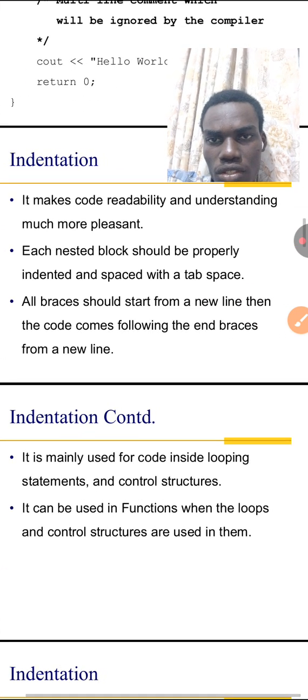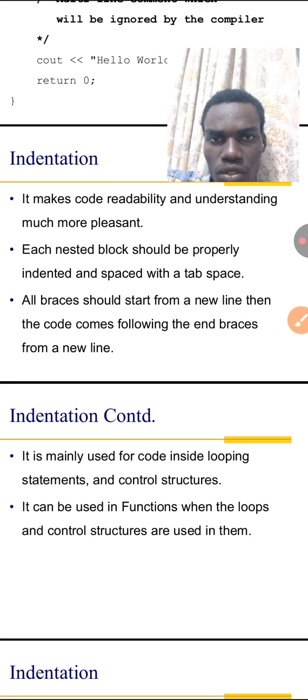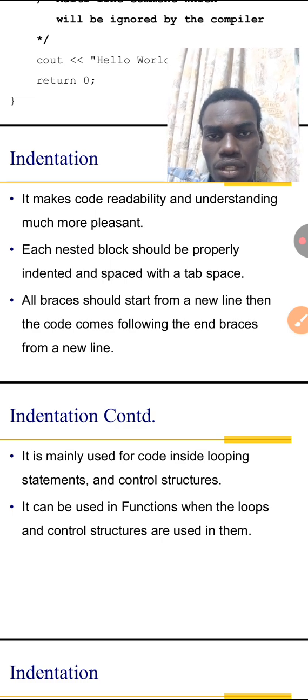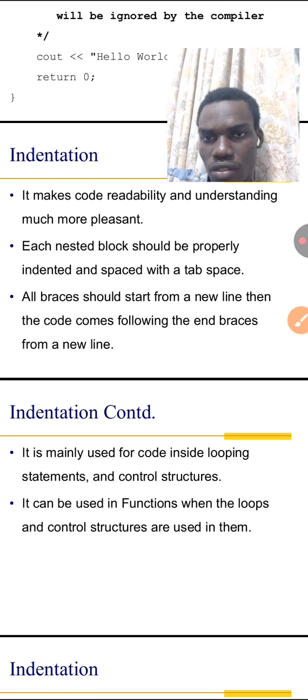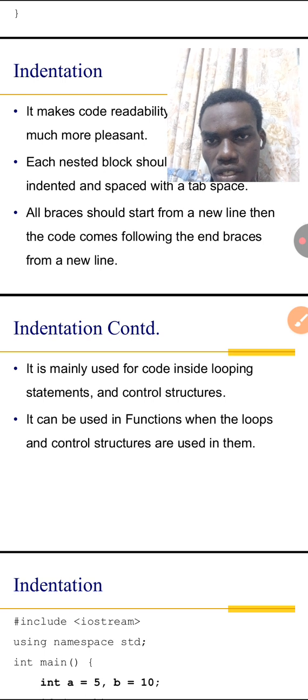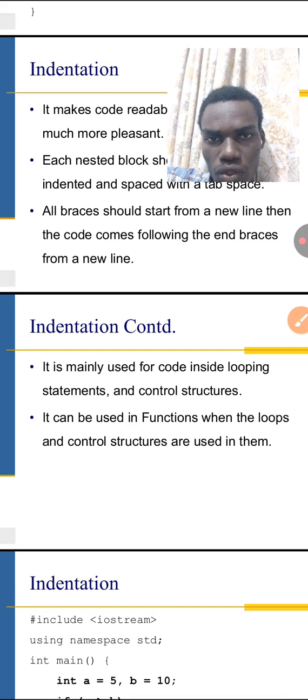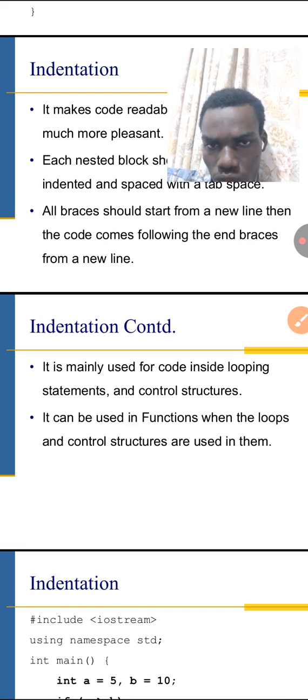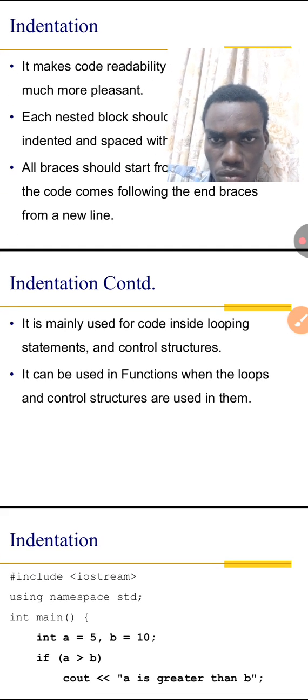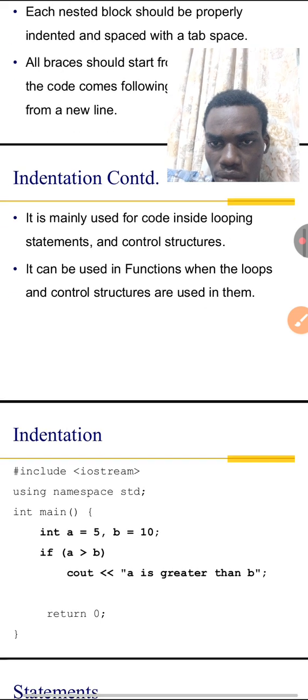All braces should start from a new line, then the code comes, followed by the end brace on a new line. The indentation is mainly used for code inside looping statements and control structures. It can be used in functions when the loops and control structures are used in them.